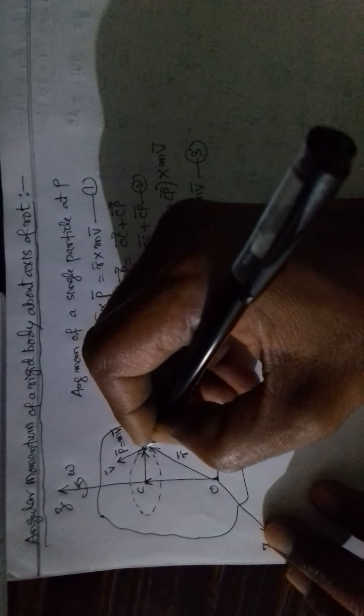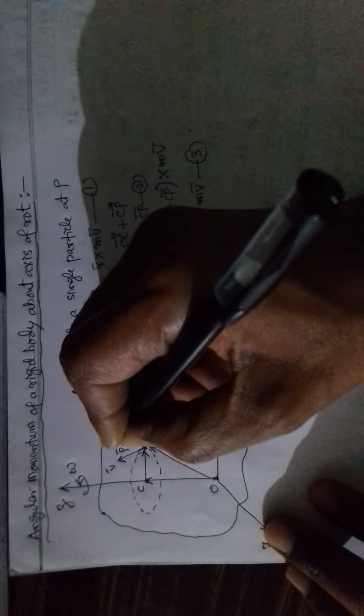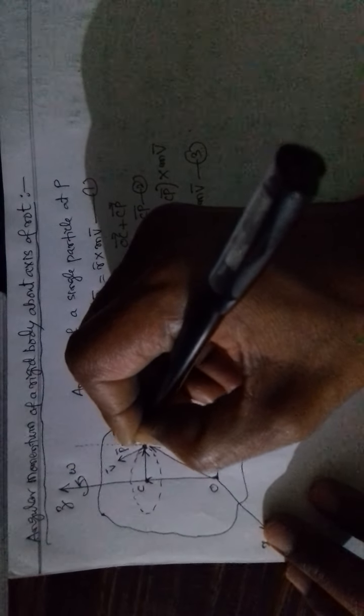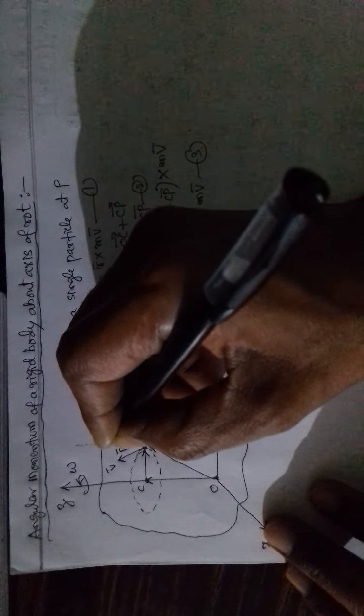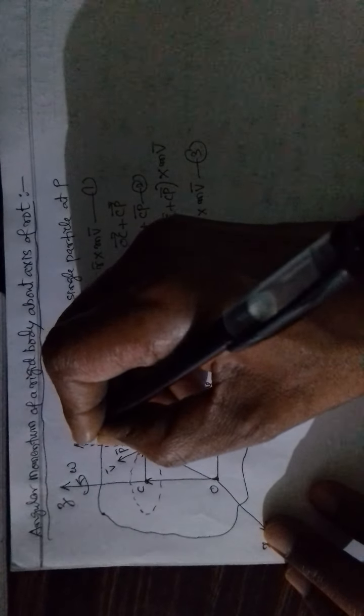Now let us show this OC cross MV here. OC is along the Z axis. So here let us take OC, parallel to this with the same magnitude.